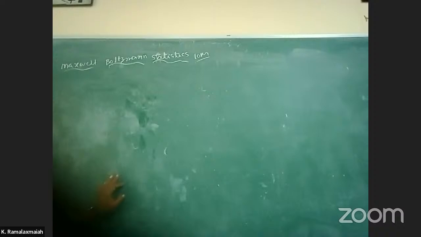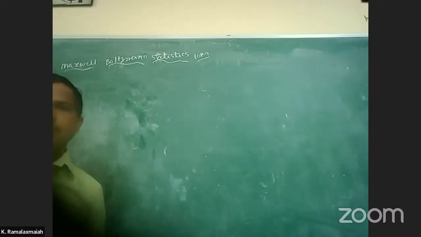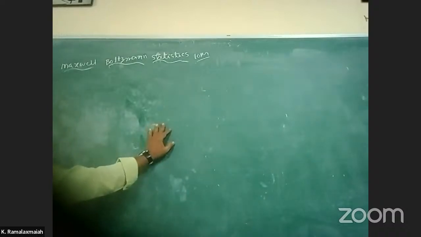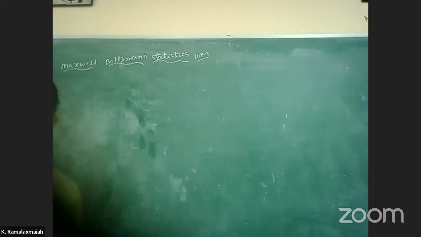The first type is classical statistics, called Maxwell-Boltzmann. The second type of particle makes use of quantum statistics, that is Bose-Einstein and Fermi-Dirac statistics.